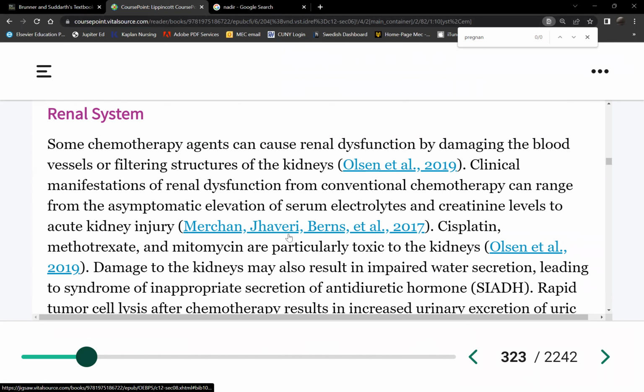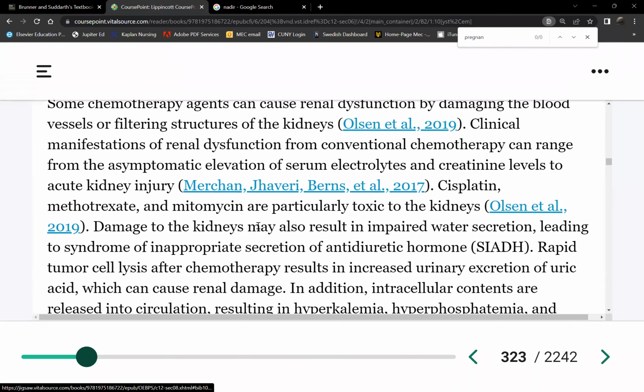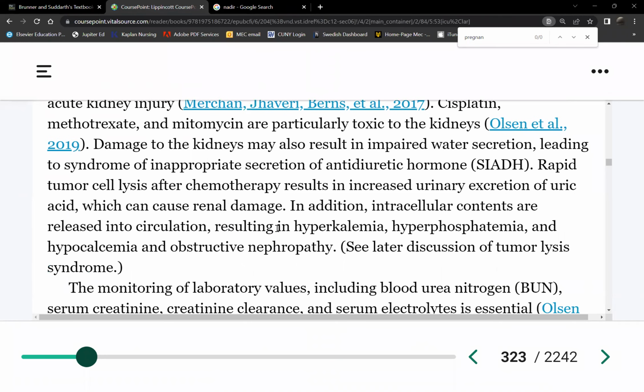The drug's nadir determines the frequency of drug administration. So some chemo drugs will be given once a week, once every 2 weeks, once a month. It really depends on the nadir period. Meanwhile, during the nadir, make sure the patient is really protected from infection, and of course you administer any of those 3 drugs.